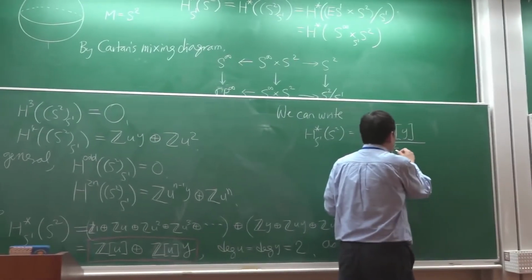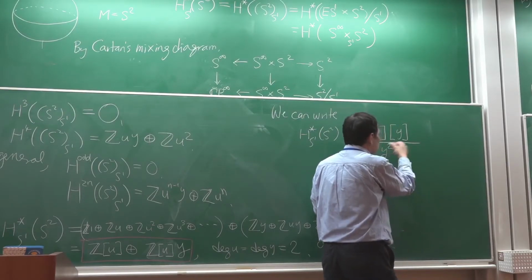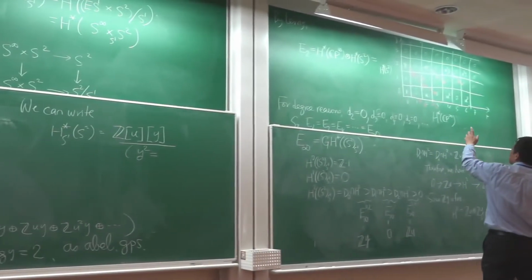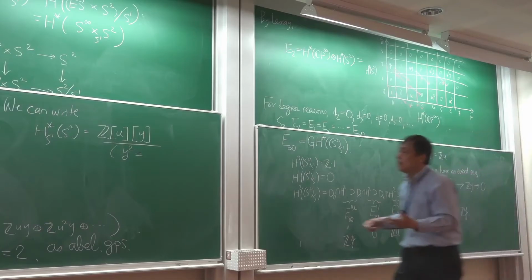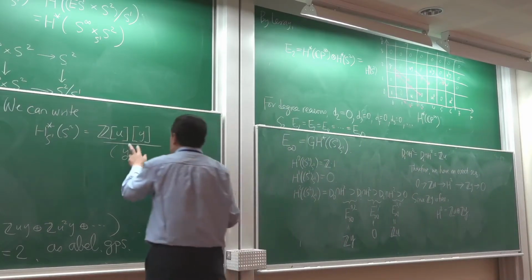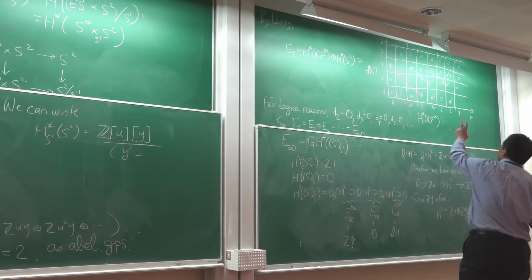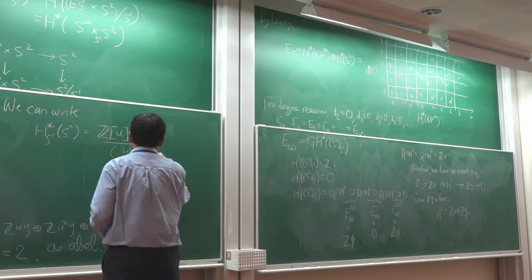So y squared is degree 4, so it has to be some linear combination of uy and u squared.